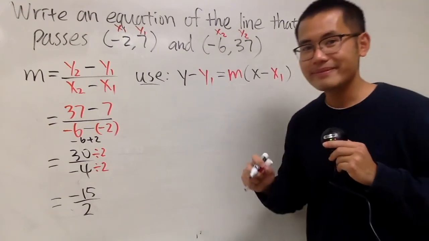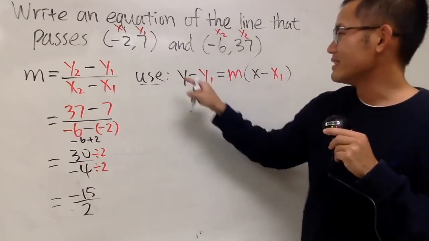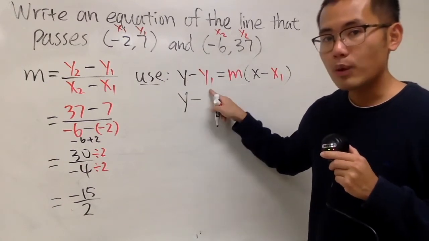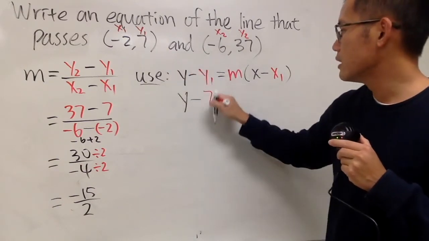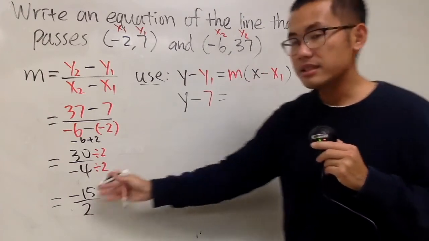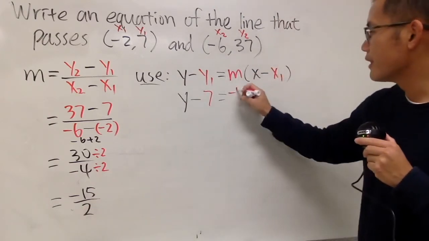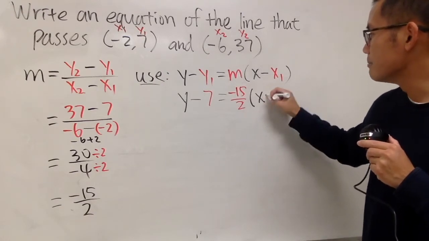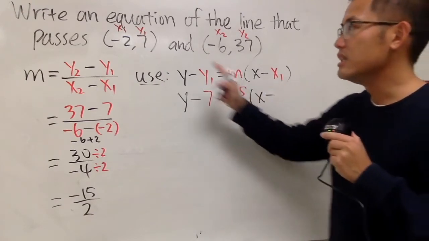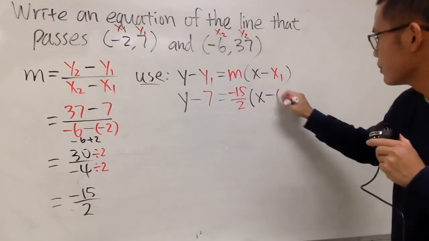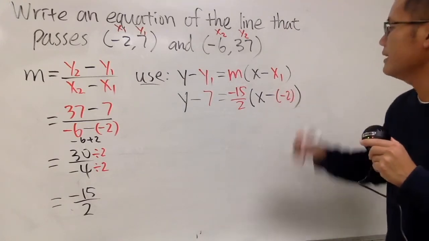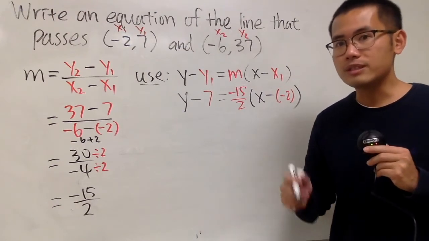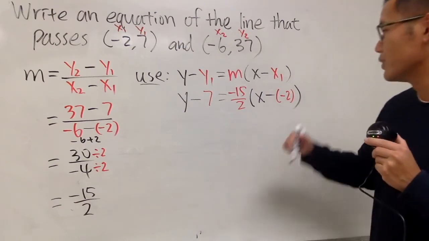The y stays the same, minus the y1 is 7, and the m is -15 over 2, times the parentheses, and this is x minus x1, which is -2. So this right here is the point slope form, but we want to end up with slope-intercept form. In that case, we continue.